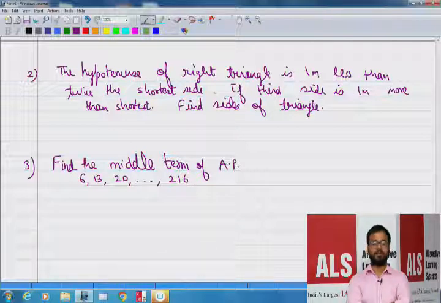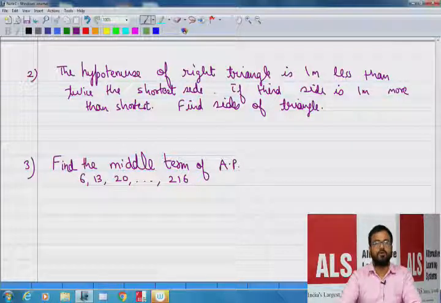Correct, Itanagar. Now try the third question. Find the middle term of this AP. That is right. Correct. Shillong, what is your answer?